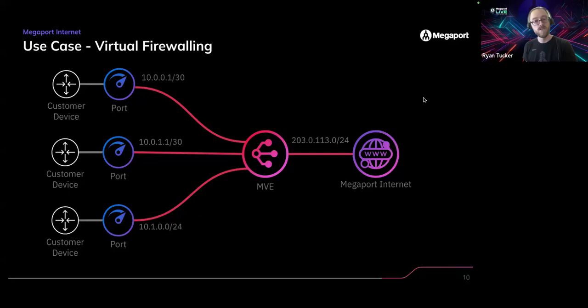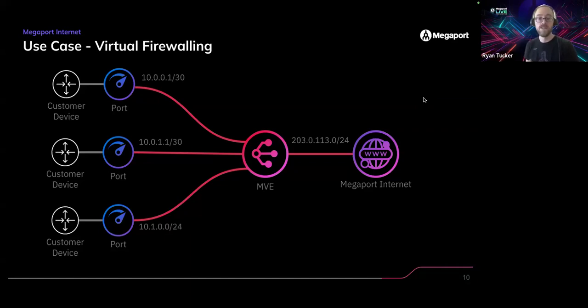We support Cisco firewall as well. This gives you a design where you have a centralized virtualized edge for your network that connects to Megaport Internet for its public peering or access. And then you can do firewalling and all the other bits and pieces on that MVE, and then route privately internally.